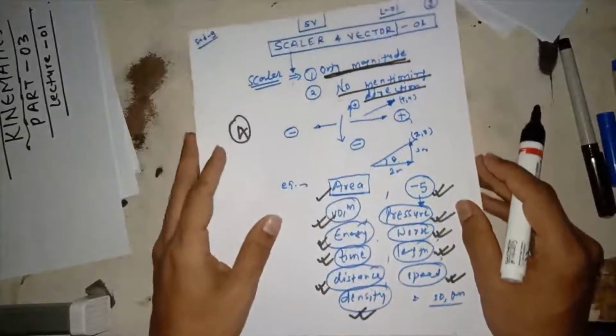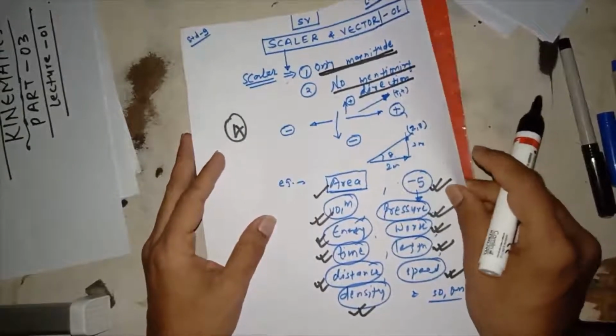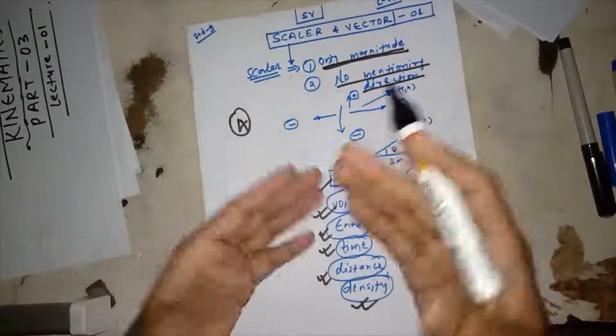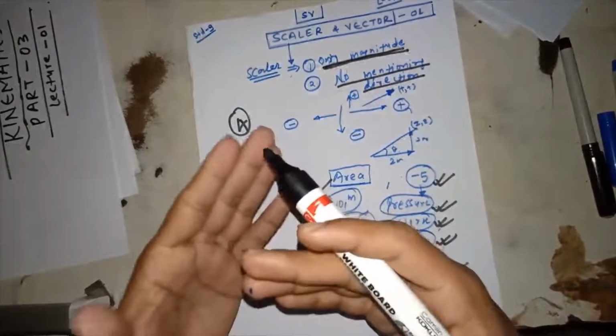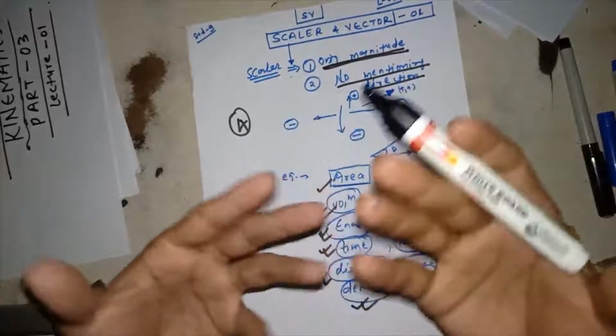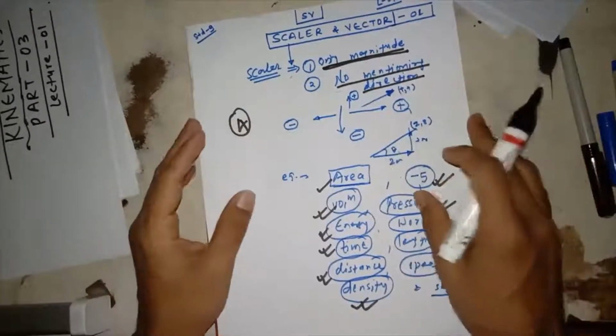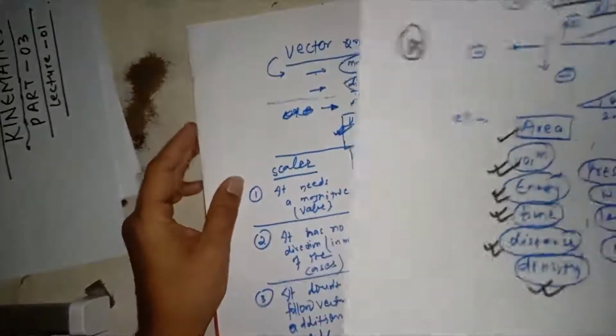These are the scalar quantities. So those quantities which have only magnitude, and changing its direction does not change its value, are called scalar physical quantities.